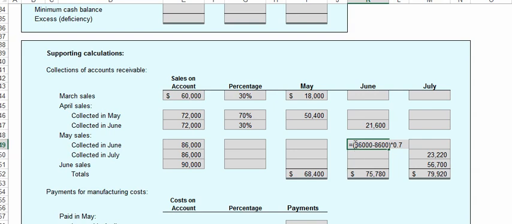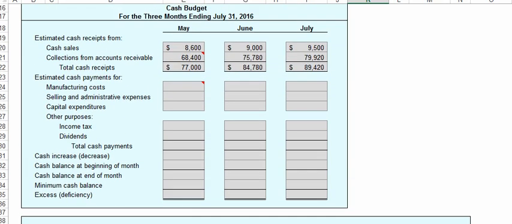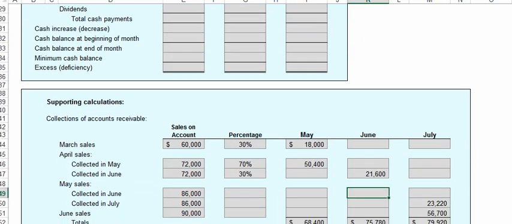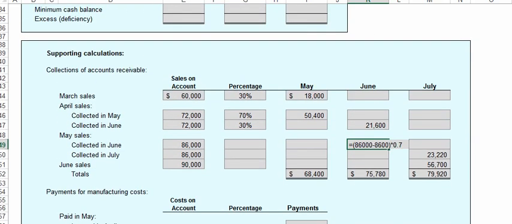We said 86,000 minus the 8,600 cash sales from above, right here, and then multiplied by 0.7 the amount of May sales on account that would get collected in June. Okay, now this one is going to be the same thing, except it's 86,000 minus the 8,600 times 30%, the amount of May sales on account that would get collected in July.